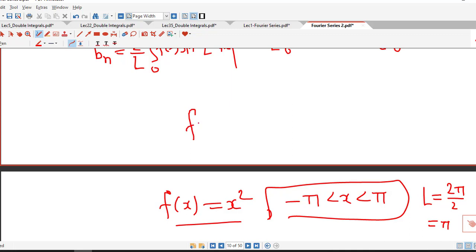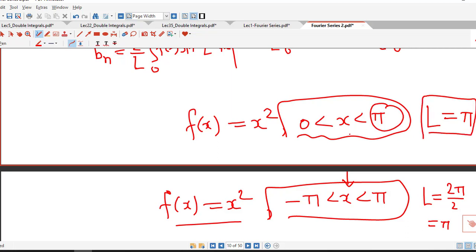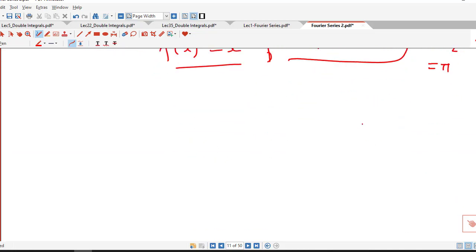But in the example of half range cosine series or sine series, interval will be given as half interval. So length of this half interval is nothing but value of L. So here we will not divide by 2. Here length of this interval is pi, so we will consider L equal to pi.